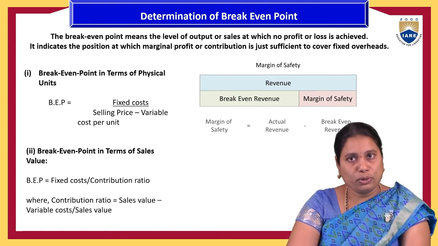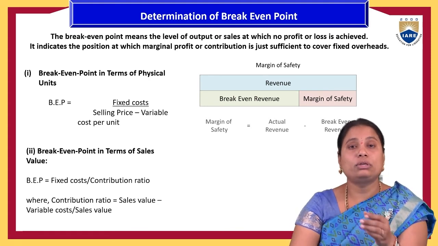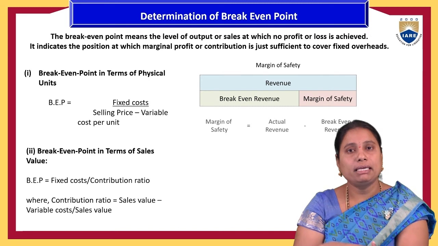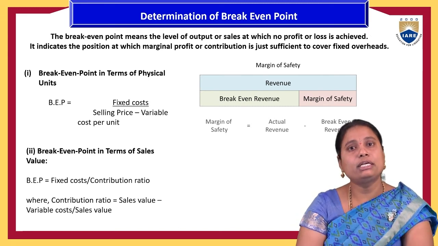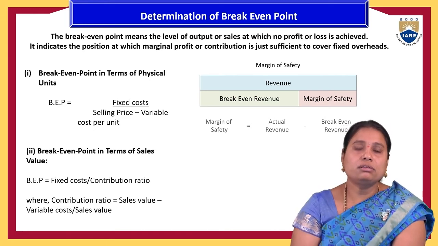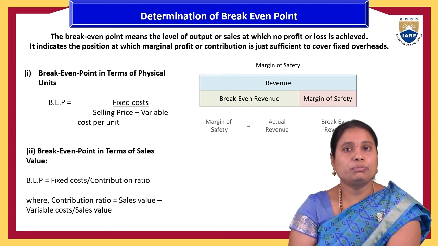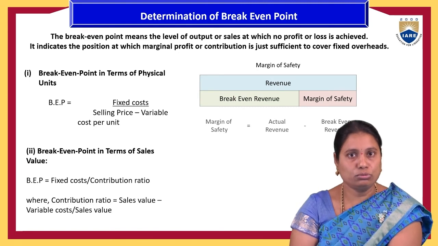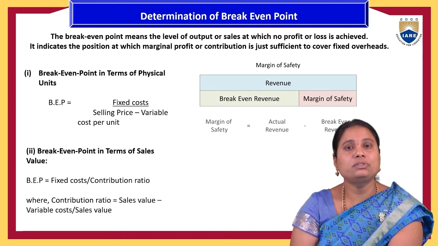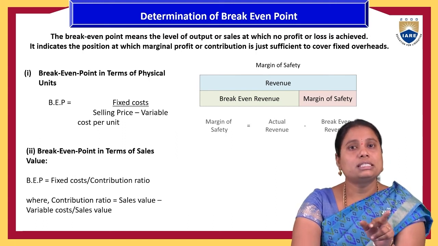Or, if the producer sells for 10 lakh rupees of revenue, then he will get no profit, no gain. Here the zero profit level is estimated in terms of sales revenue. That point is called the break-even point in terms of sales revenue. So BEP, the break-even point, can be determined in two ways, either in terms of units or in terms of sales revenue.